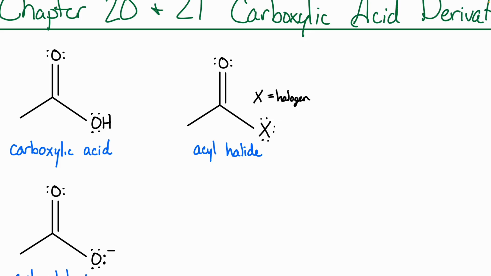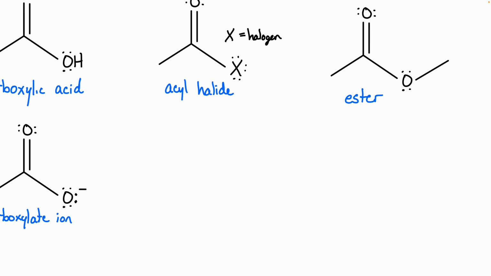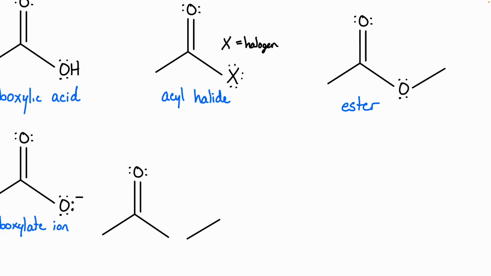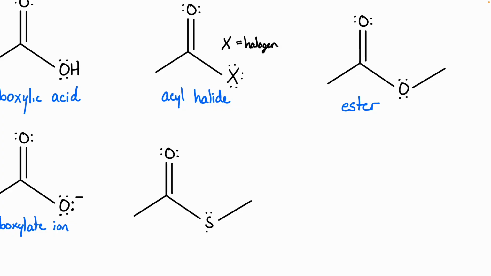If we take our carboxylic acid, we're going to keep that oxygen, but instead of a hydroxyl group, we're going to put an alkyl group on the other side. These are what we call esters. If we take that ester and swap out the oxygen for its other family member, sulfur, we get what's called a thioester.